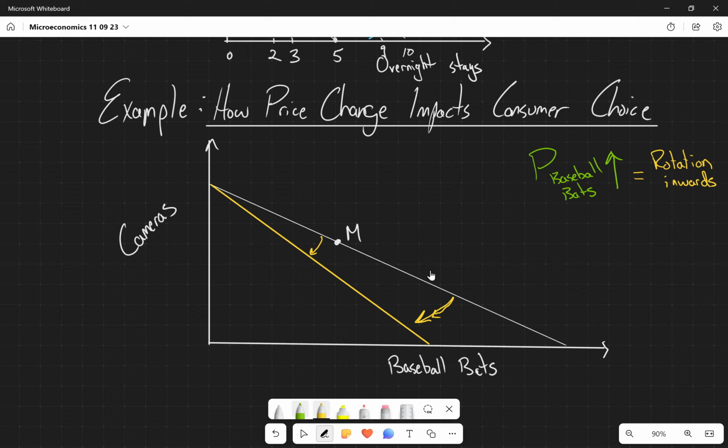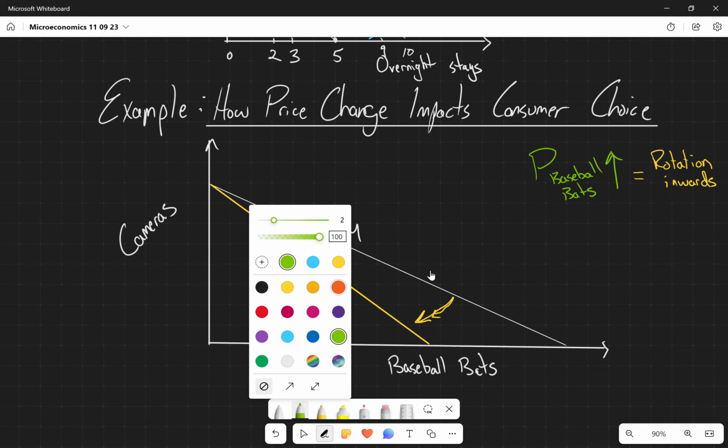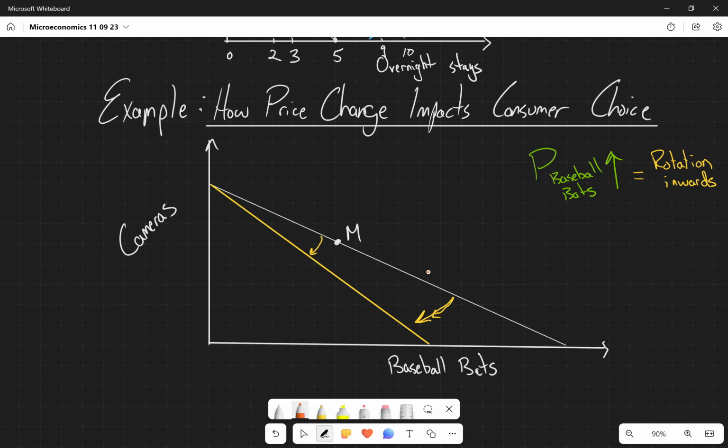And again, we can do a handy dandy dashed line, which shows us the possibility of whether new consumption choices are going to involve less or more of both goods.